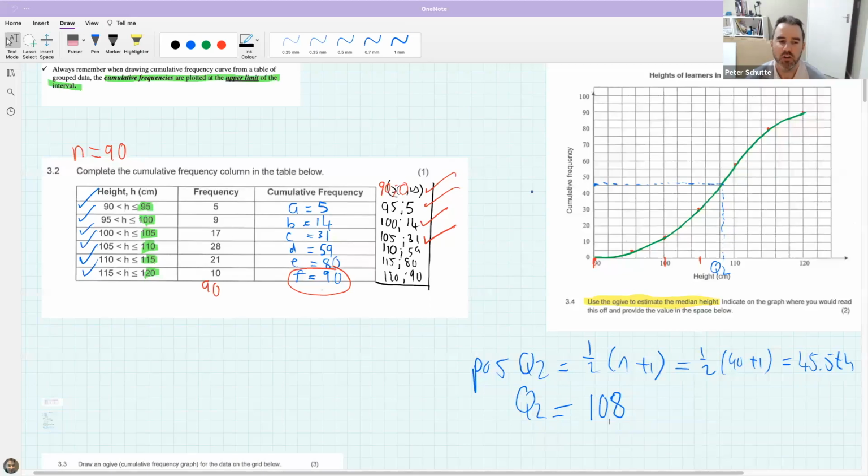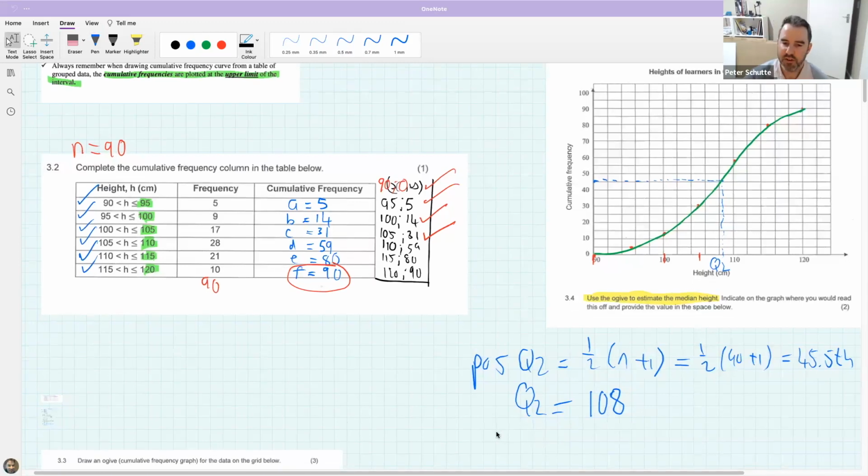Now, you can imagine that if I could estimate Q2, what if I wanted to estimate Q1, or the first quartile? So for those students who are feeling unsure, and I see in the chat there are a few, if I want to find an estimate for Q1, surely I have to first find the position of Q1.